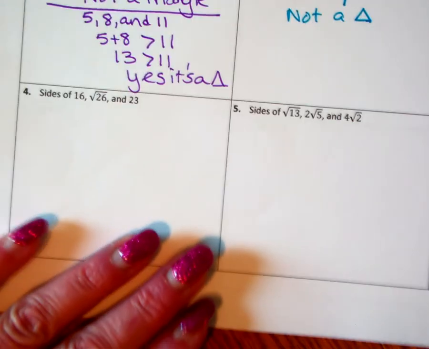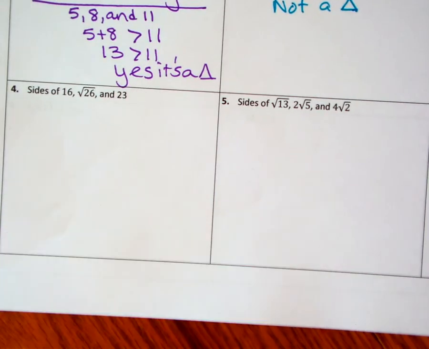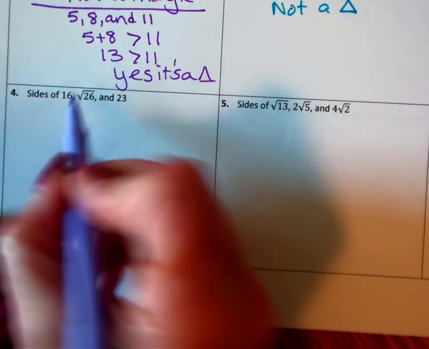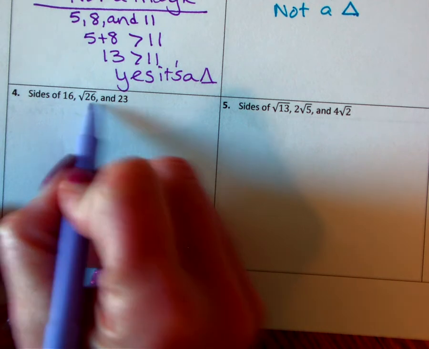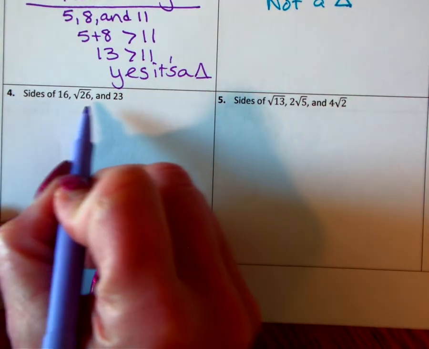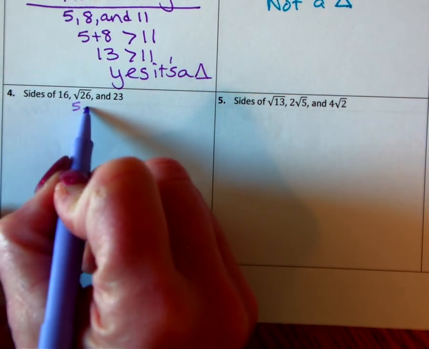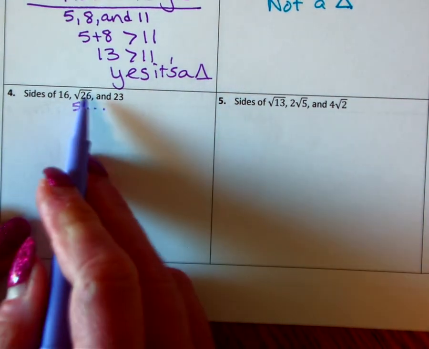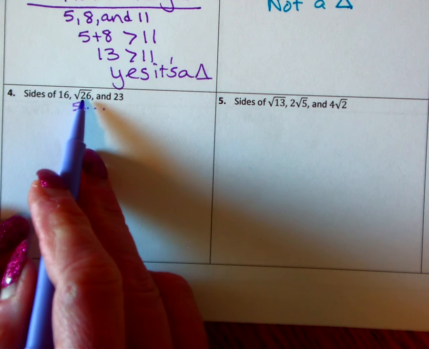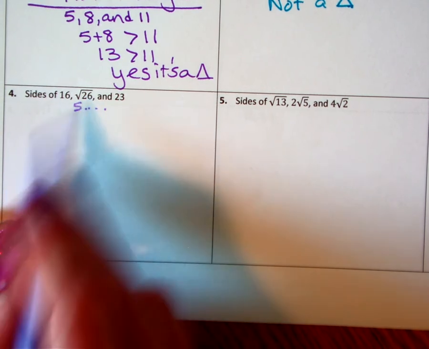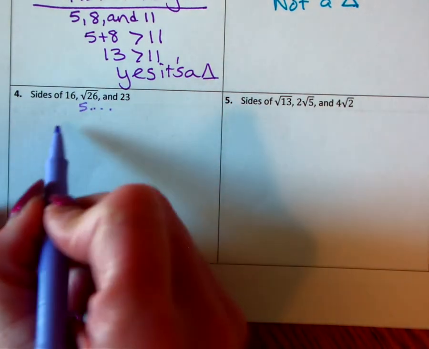Okay. Next one, again, if you feel like you've got it, go ahead and pause it and do those next 3 on your own. So here I've got 16, square root of 26, and 23. Square root of 26 is 5 point something. You can throw it in your calculator, but you also know 25 is a perfect square, so it's a little over that.